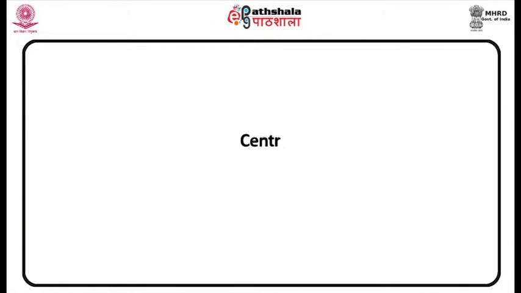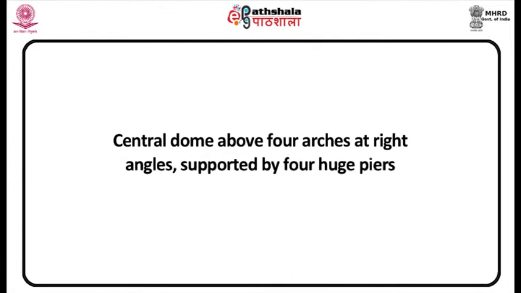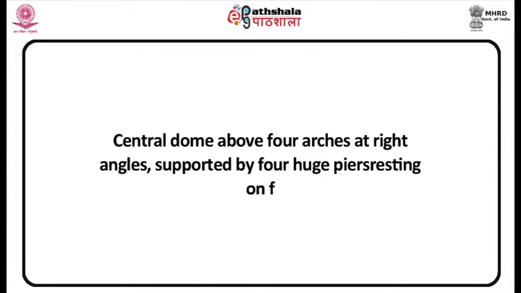and central architectural planning. The central dome is placed above four arches at right angles to each other. The arches are supported by four huge piers, which are barely noticeable from the inside because the arches meet at corners.